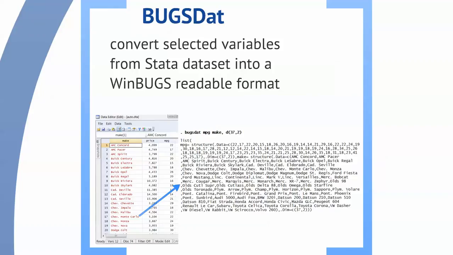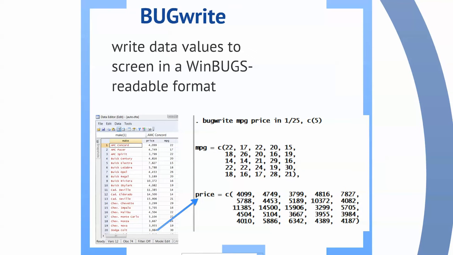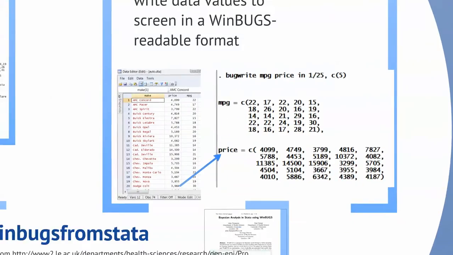It can convert the selected variables into BUGS readable format. The BUGS-util package imports and exports the stats or the codas into Stata. BUGS-write writes the data values to screen in a WinBUGS readable format.